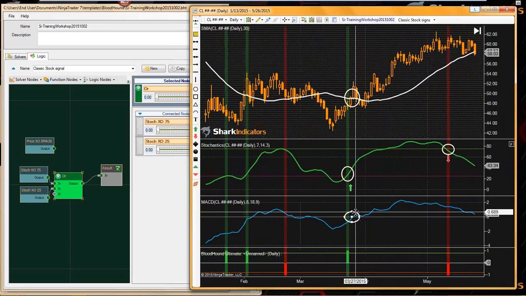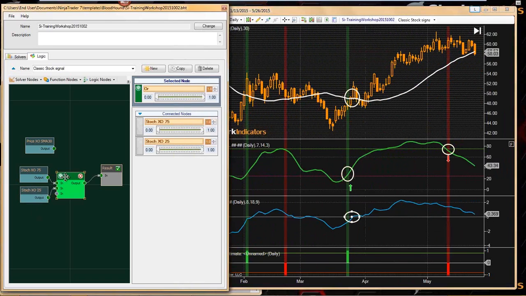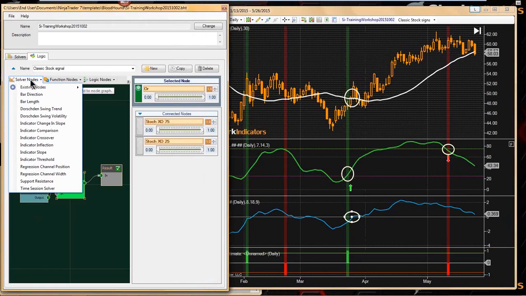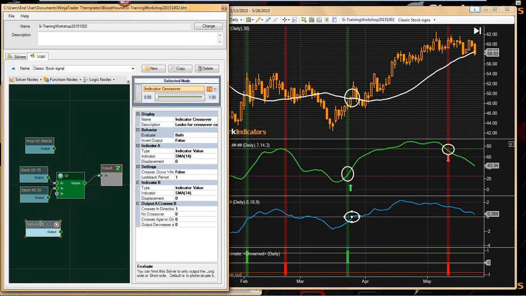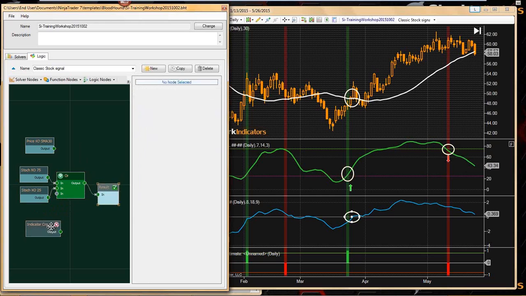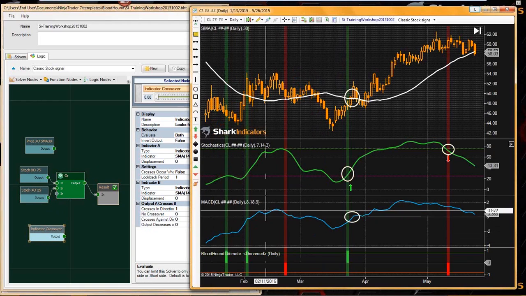All right, so next let's move on to the MACD, and we'll find when the MACD crosses that zero line. And so I'm going to use another crossover. Some of you who have been in this room a lot have typically seen me use the threshold solver to look at something like the MACD to be above or below the zero line.